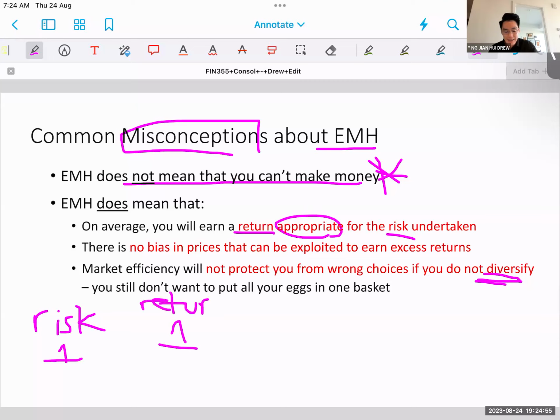But imagine you take two risks and do not diversify, maybe you just get one return. So you have to diversify for the efficient market hypothesis to be respected. If you do not diversify, you might be taking more risk but getting less return.